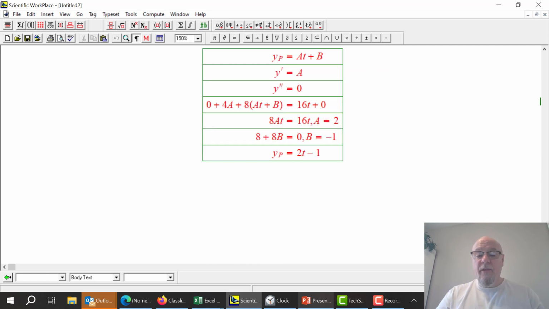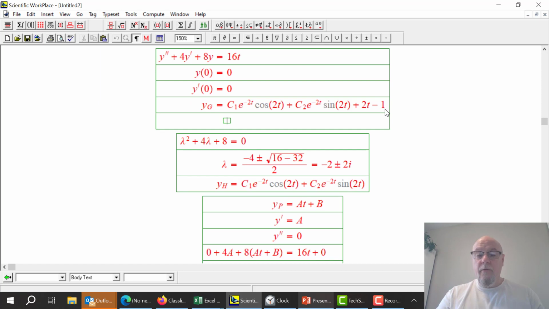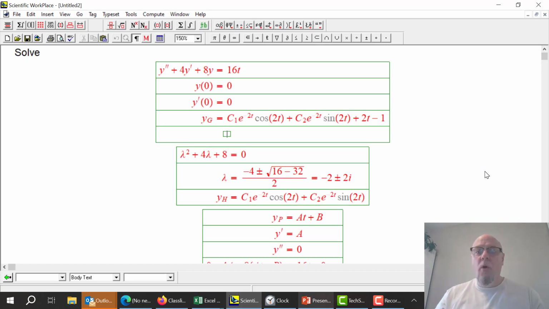So now all that's left to do is figure out the c's. And it's at this stage that we figure out the c's. Don't figure out the c's in just the homogeneous solution. You have to wait till the end and figure out the c's with the general solution.